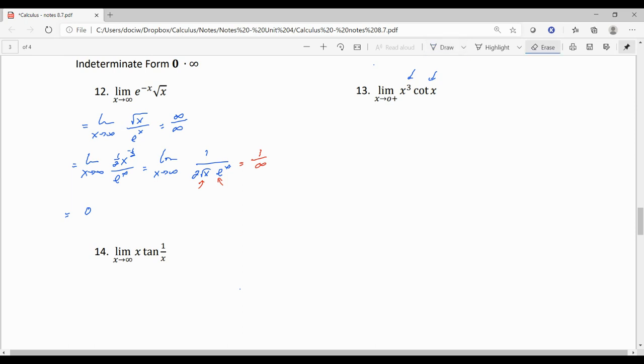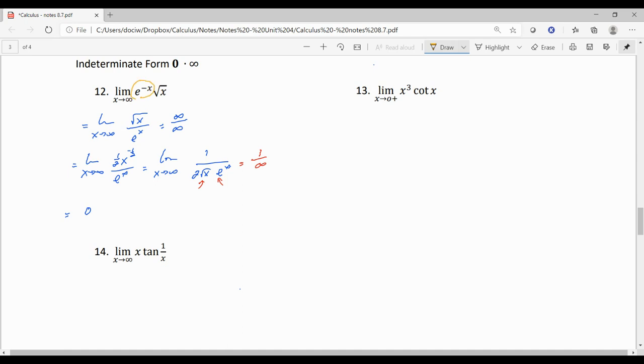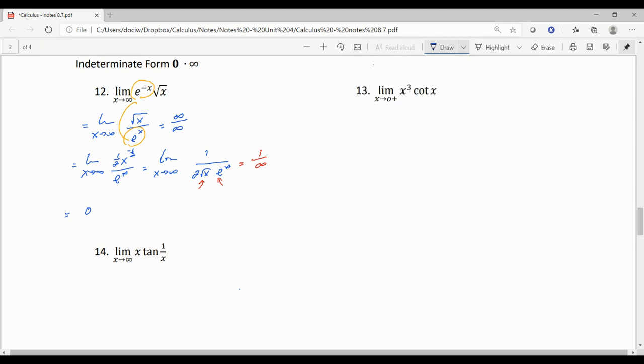What I did here is I had the function that was approaching 0, and I moved it to the bottom. In this case, the function that's approaching 0 is going to stay on top, and the function that's approaching infinity is the one I'm going to move to the bottom, because cotangent is the reciprocal of tangent.